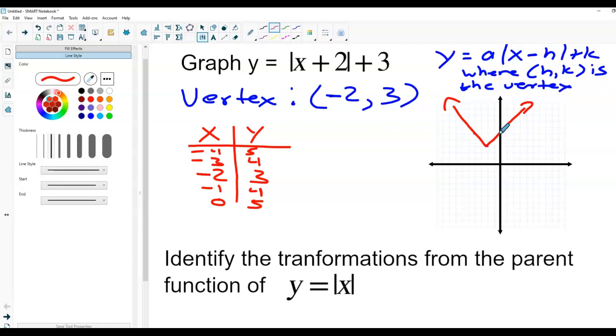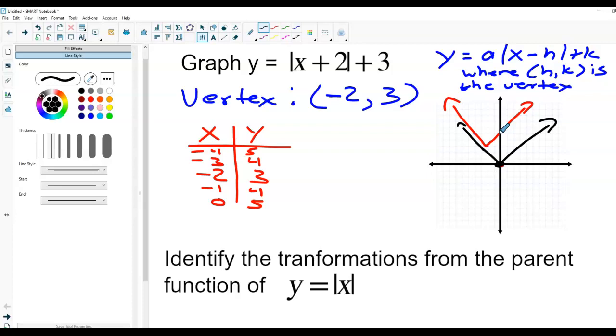Now, what is the transformation from the parent graph? Remember, the parent graph, if I put it in a different color, is this. Okay, that's your parent graph. And where did I go? Every point is left 2, up 3. So if I went here and go left 2, up 3, every point shifts the same.